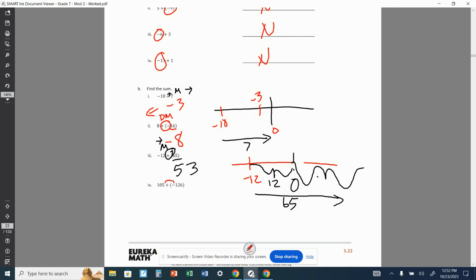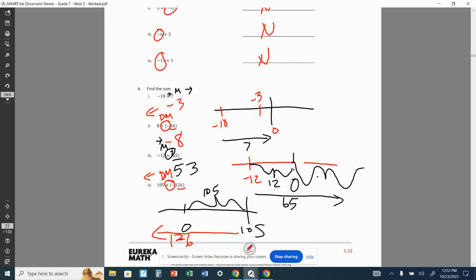And then again, I have here, these don't match. This is the bigger number. So that means it should end up with a negative number. We start way out here at 105. But when we take away 126, keep in mind, this amount is 105.